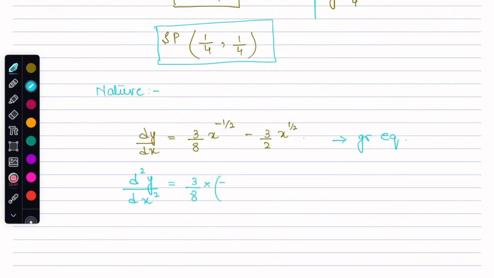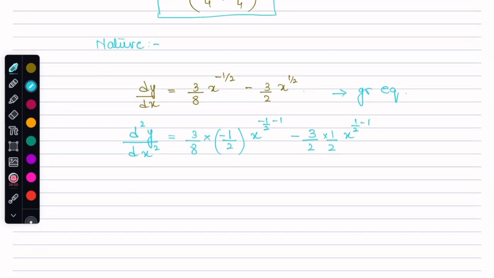So it's 3/8 times negative 1/2, and x needs to be to the power of negative 1/2 minus 1. And then I should be having negative 3/2 into 1/2, and x then shall be to the power of 1/2 minus 1. So my second derivative here can be simplified to negative 3/16 x^(-3/2) minus 3/4 x^(-1/2).